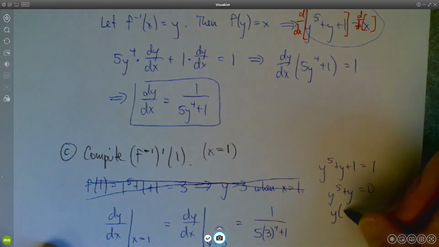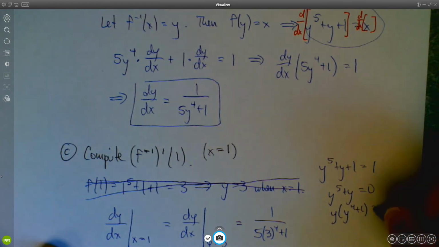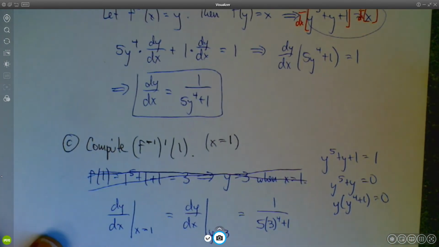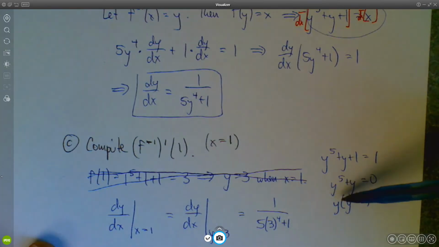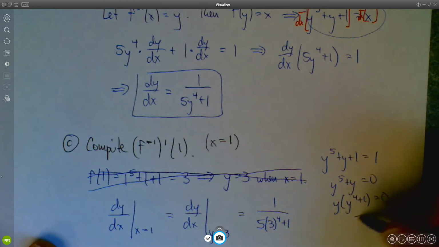Then I get this statement, y times (y to the fourth plus 1) equals 0. Now the solutions that come from this part are going to be non-real. Okay, y to the fourth plus 1 equals 0 is only true if you're working in the complex numbers, the non-real complex numbers. So the only real solution here is y equals 0. So this implies that y equals 0.